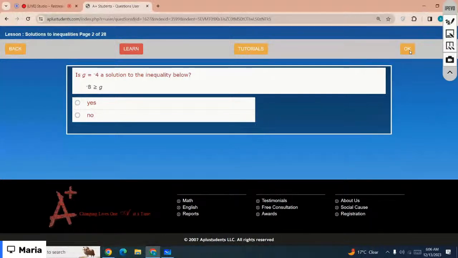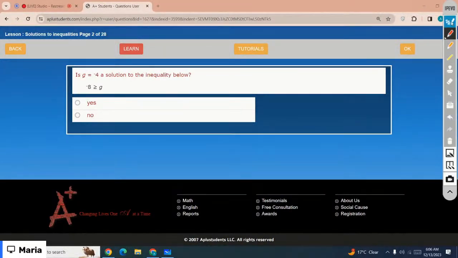Okay, is g equals negative 4 a solution to the inequality below? Okay, let's just see. This inequality is negative 8 is greater than equal to g. So negative 8 is greater than equal to negative 4. Yes or no?